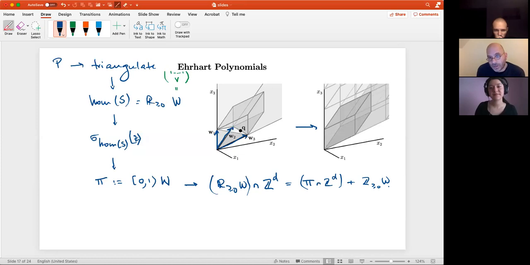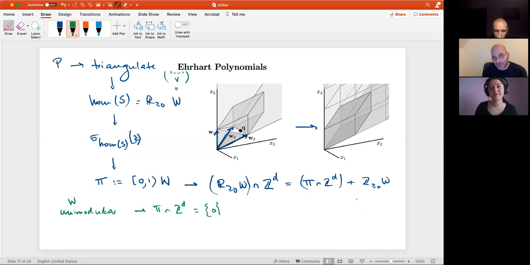And so the special case where my matrix is unimodular means that my parallelepiped has volume 1, and because it's half open, the only thing contained in here is the origin.